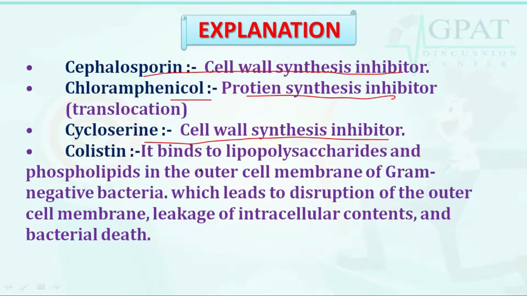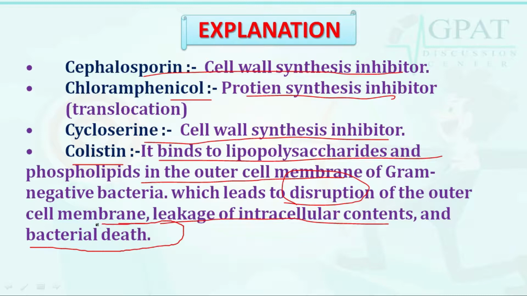And last is colistin. Colistin binds to lipopolysaccharides and phospholipids in the outer cell membrane of gram-negative bacteria, which leads to disruption of the outer cell membrane, and the result is leakage of intracellular contents and, at last, bacterial death takes place.